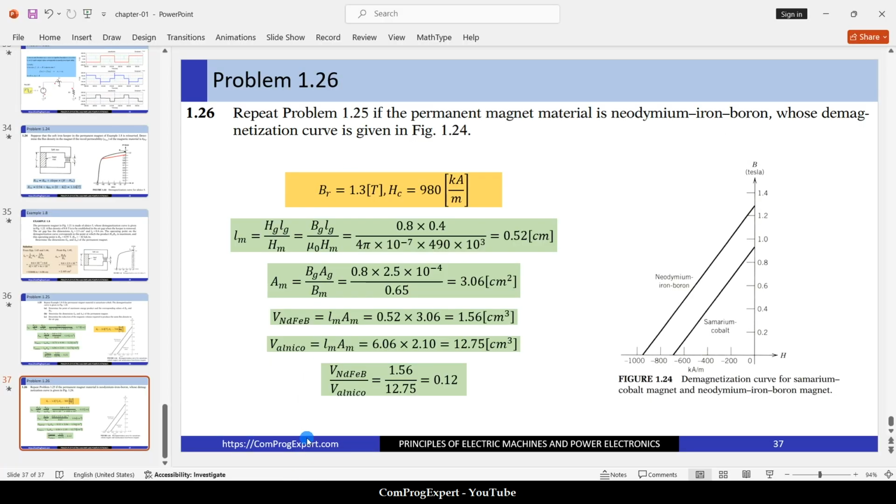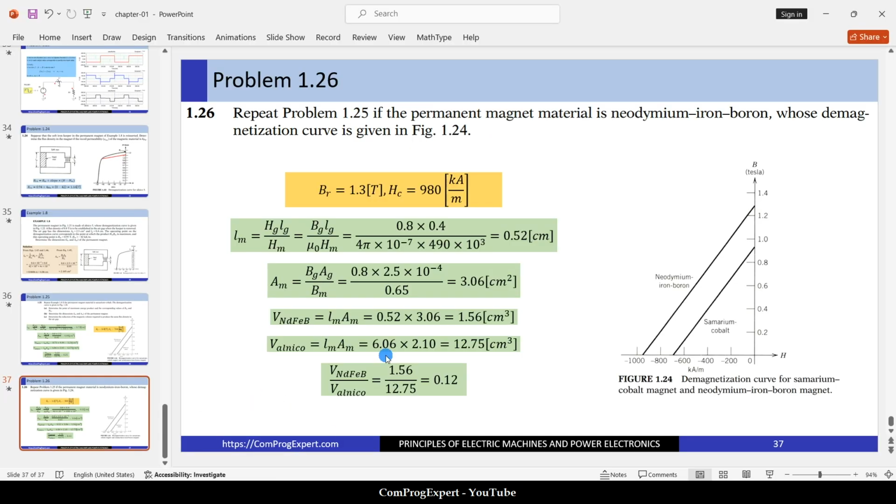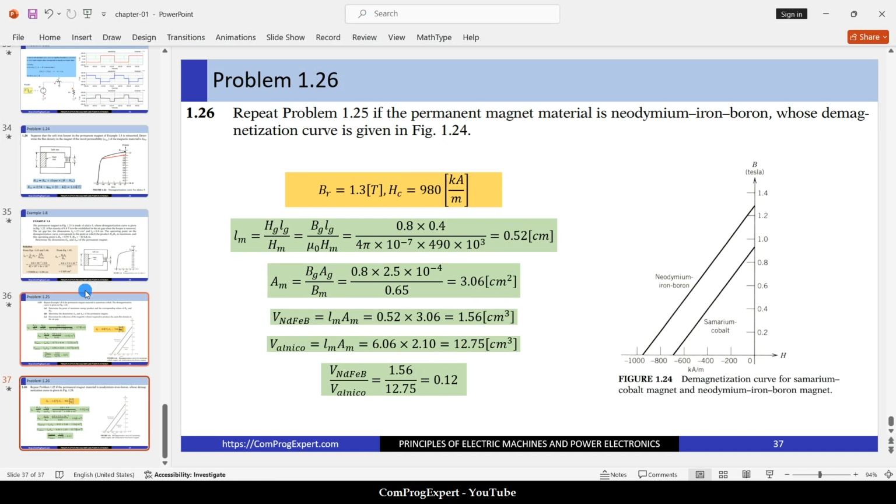Remanence flux is 1.3 Tesla. The value of the HC approximately is 980 kiloampere per meter. So you can repeat the same calculations, replace numbers.